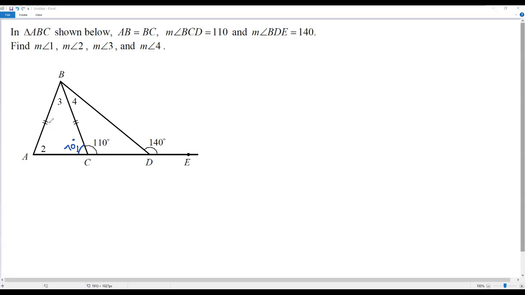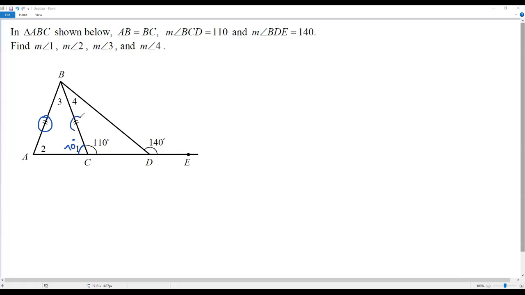Here the question says the length of AB and the length of BC are equal. So ABC is a triangle. In a triangle, if two sides are equal, the angle measures opposite to the equal sides must be equal in measure. If I consider the side AB, the angle opposite to AB is this one, and it measures 70 degrees. For the side BC, the angle opposite to BC is angle 2.